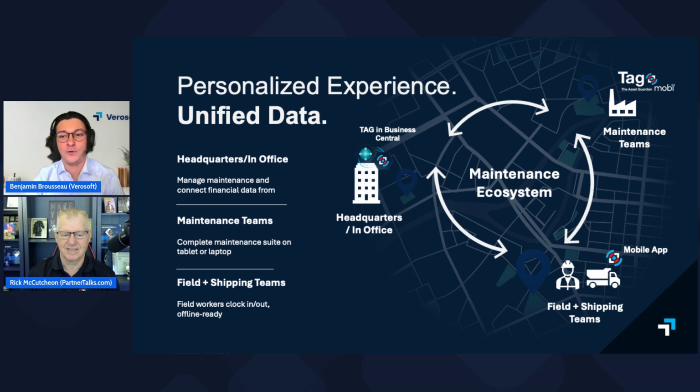On the right we have our maintenance team, maybe using Mobi through a desktop in the maintenance office. We could also have some teams that are in the field or remote. We have clients working in the middle of the desert and oil fields, and they would rely on the mobile app as well. So it's really that combination. It's not one or the other. It's the whole ecosystem all at once.